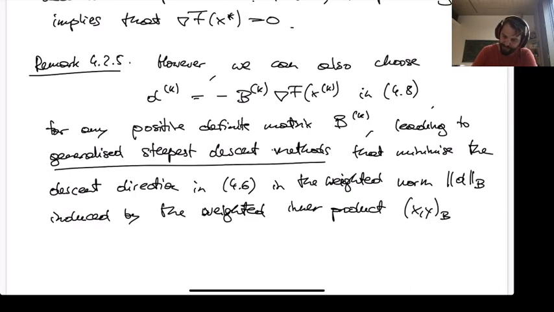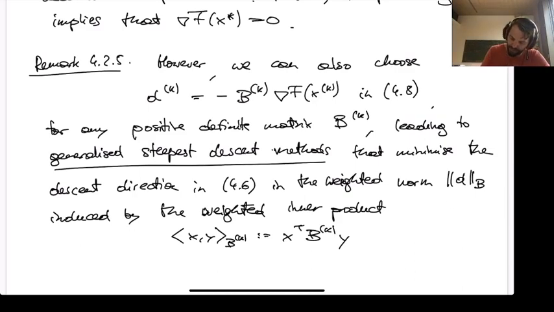Okay. X transpose bk y, instead of the Euclidean inner product.